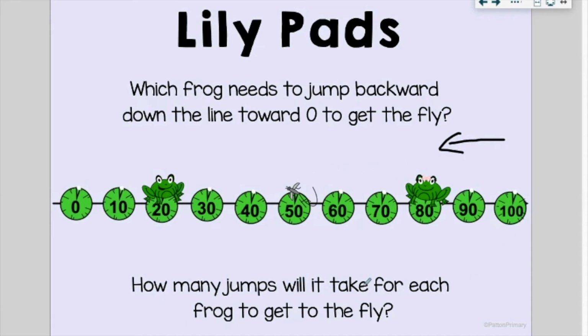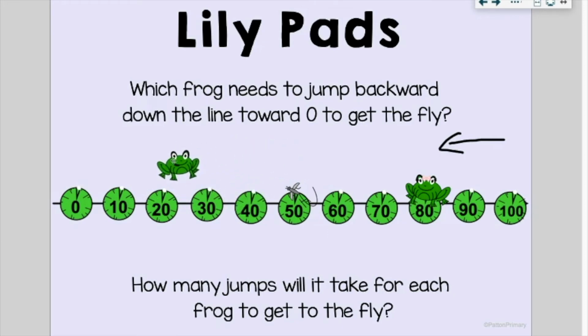And how many jumps will it take for each frog to get the fly? You can pause the video and use your fingers on the screen to jump, or you can use your eyeballs to make the jumps. I'll make the jumps on the screen. So here's Tad. Tad needs to make 1, 2, 3 jumps to get the fly.